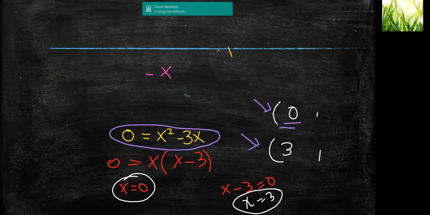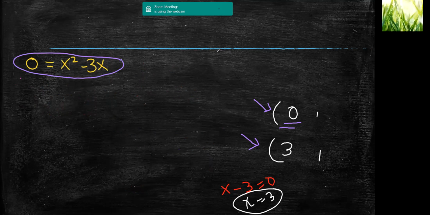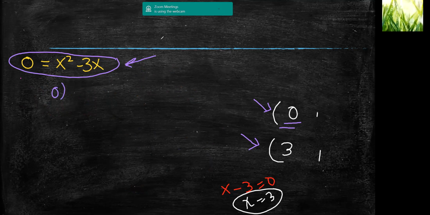After we finish, we have to find x and y. So let's go back to this equation here. At the point where x is 0, we have 0 squared minus 3 times 0, which is 0 minus 0, so it will be 0.